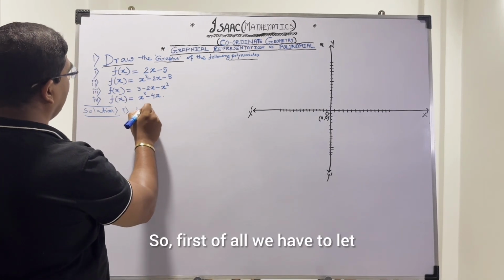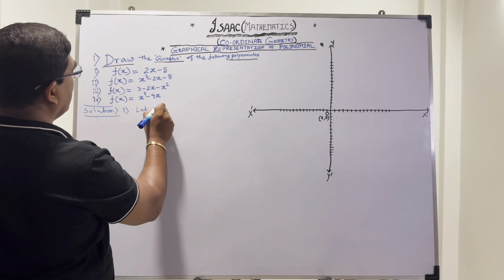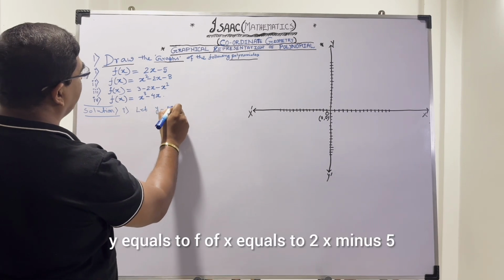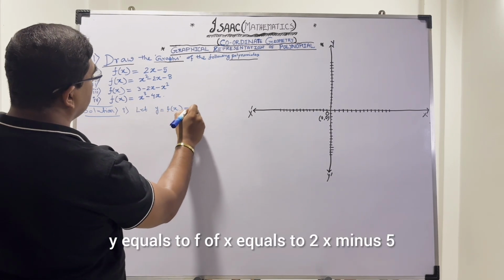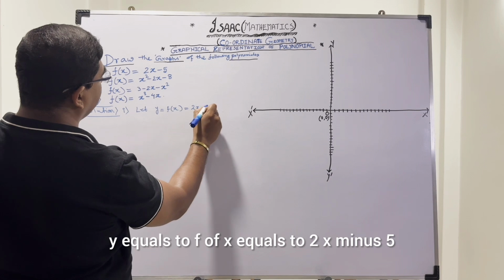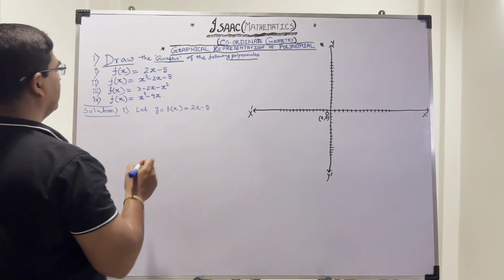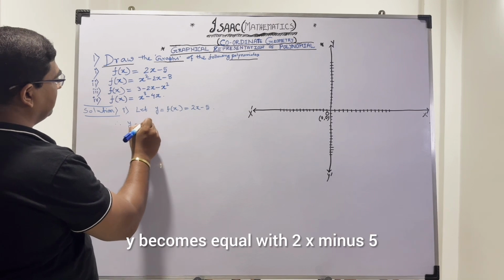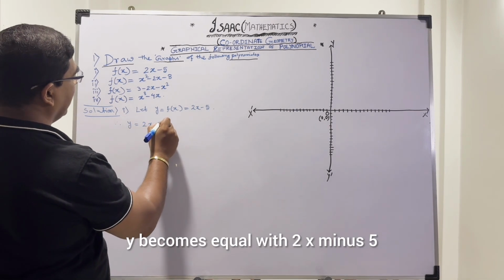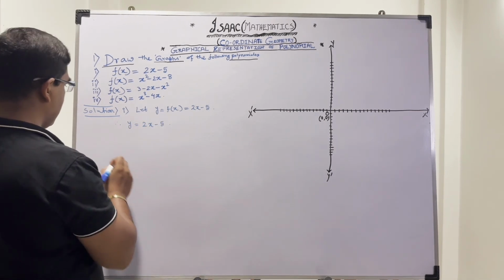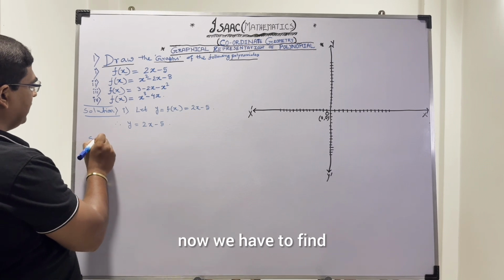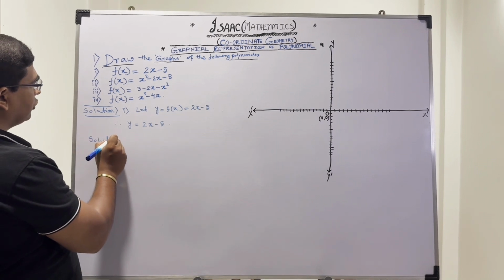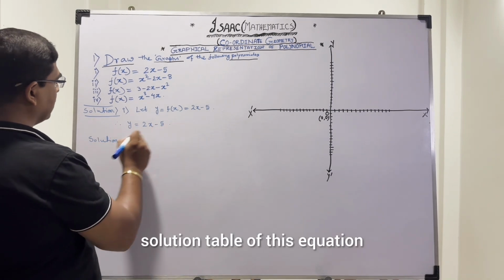First of all, we let y equals f of x equals 2x minus 5. So y becomes equal to 2x minus 5. Now we have to find the solution table of this equation.